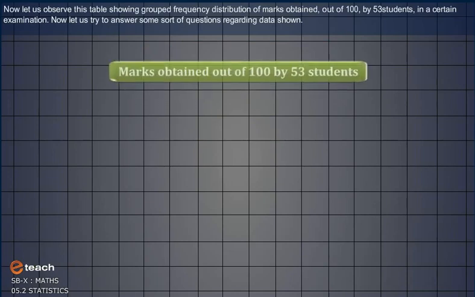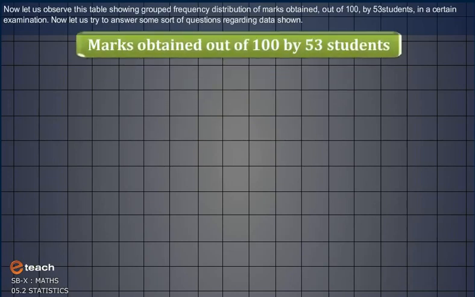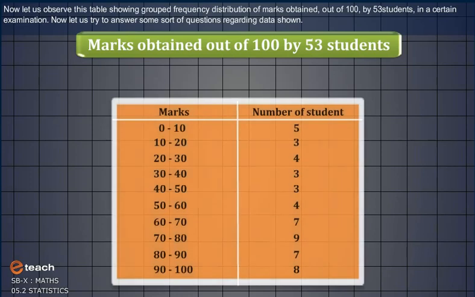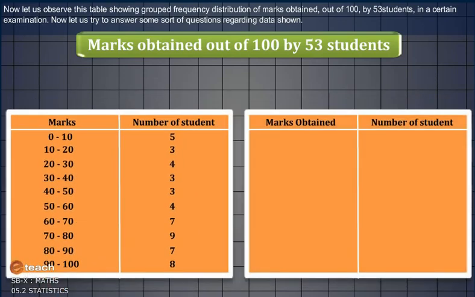Now let us observe this table showing the grouped frequency distribution of marks obtained out of 100 by 53 students in a certain examination. Now let us try to answer some questions regarding the data shown.